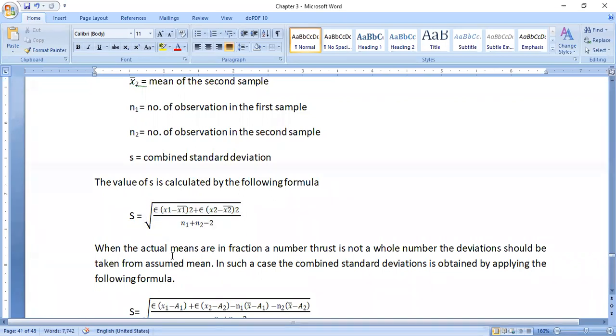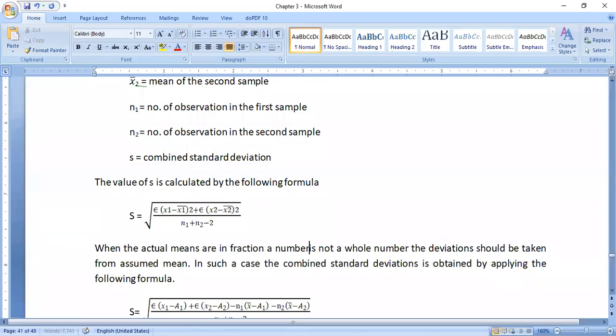Already we discussed in the correlation chapter how to do the assumed mean method. When the value is given in fractions, it means it is not a whole number.